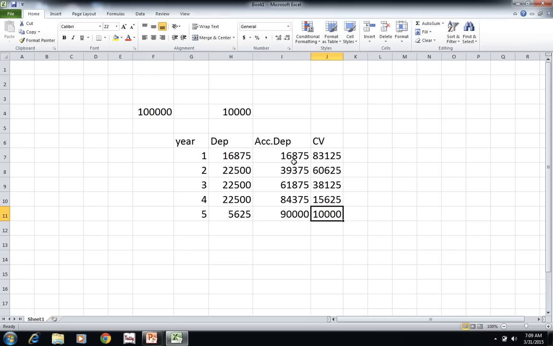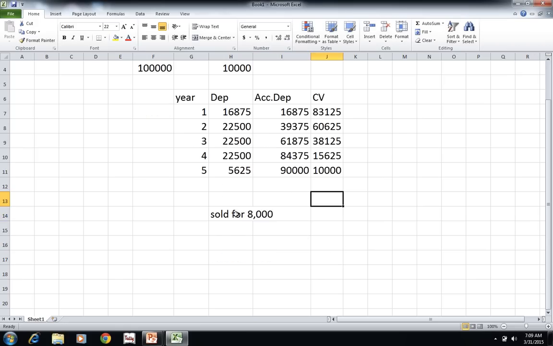Clear? And if this asset is sold for 8,000, what is the carrying value as on this date? 10,000, right? Yes, 10,000. And it is sold for 8,000.